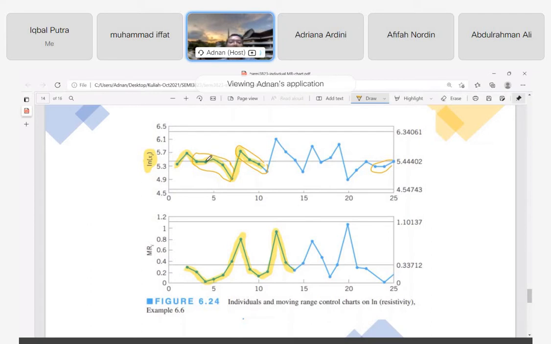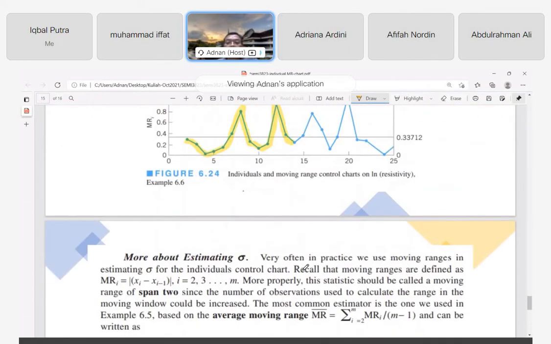This is down, up, down, down, to up. And then this one is down, down, down. So the independence of the values is not as good as when we take the X bar values. So we need to be careful on this.